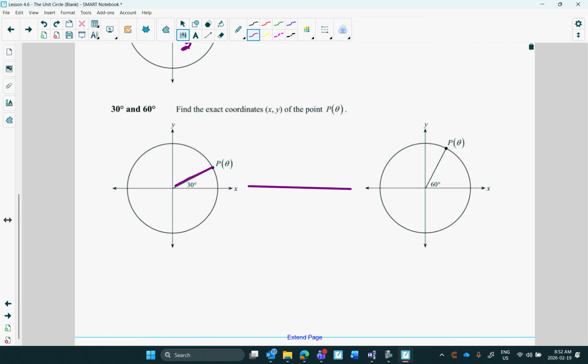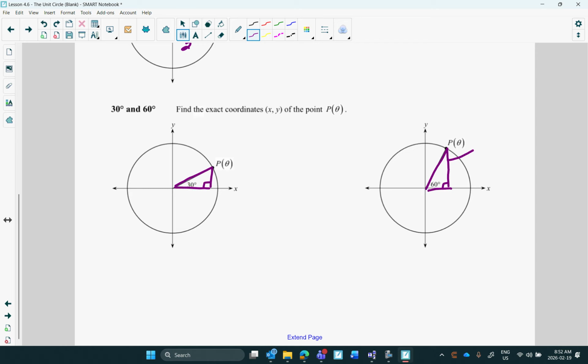And we're going to do it 2 different ways. We're going to orient it so that the 30-degree angle is coming out from the center. Or we can change its orientation so the 60-degree angle is coming out.